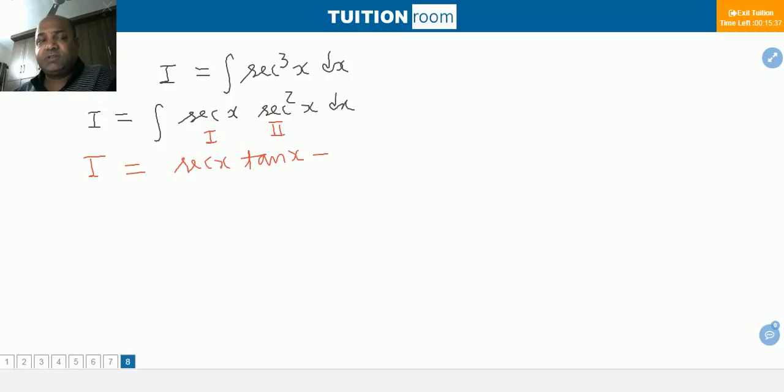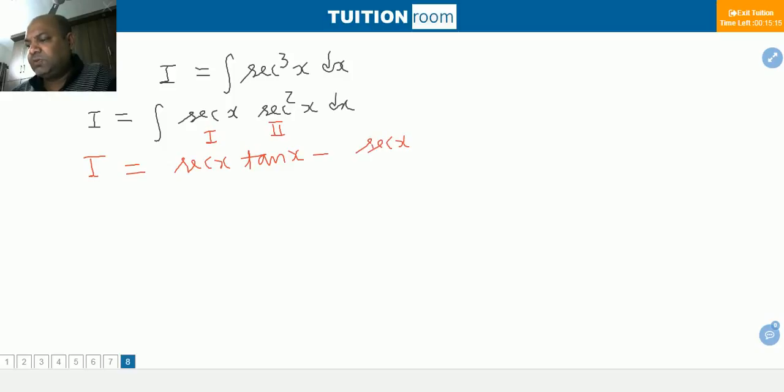Tan square x we can write as sec square x minus 1, and this integral will be sec x into tan x minus sec cube x minus sec x.